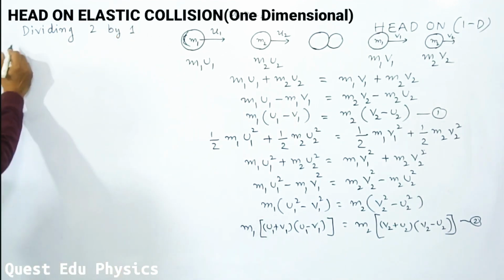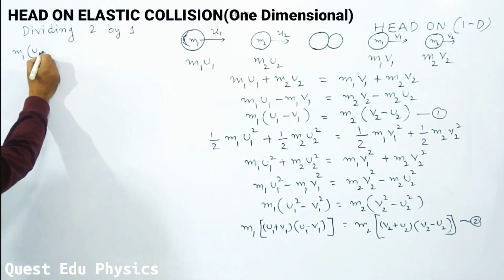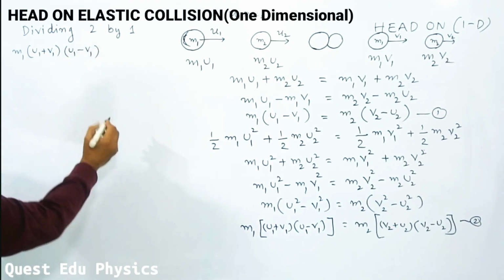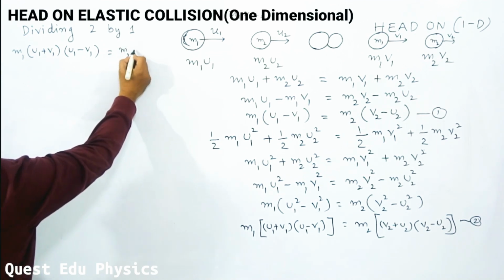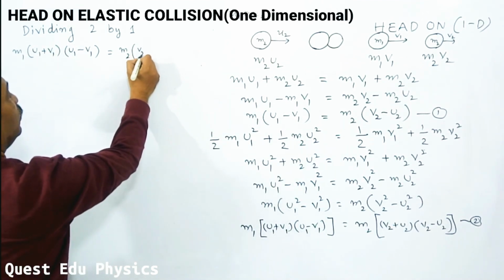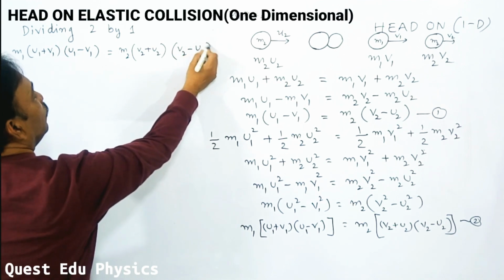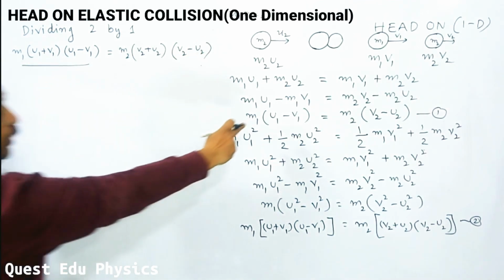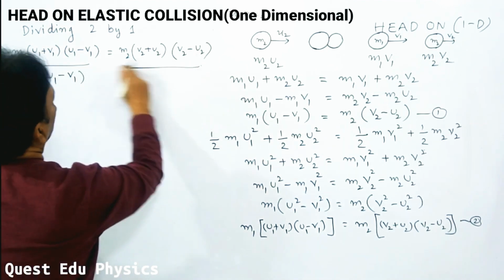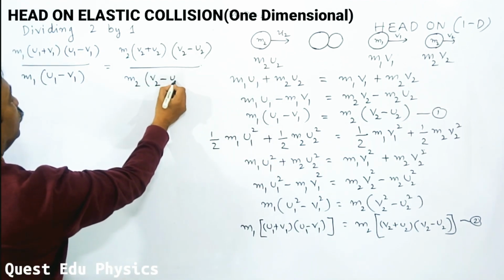Okay students, the second equation we have is m1 of (u1 plus v1) into (u1 minus v1) is equal to m2 of (v2 plus u2) into (v2 minus u2), divided by equation 1, m1 of (u1 minus v1) upon m2 of (v2 minus u2).